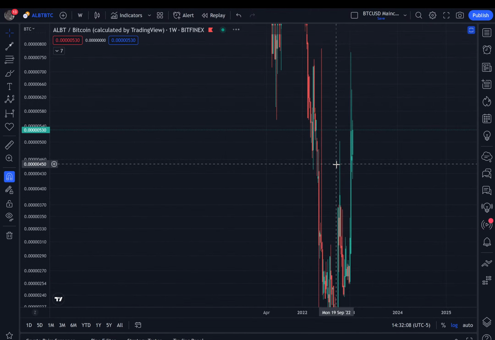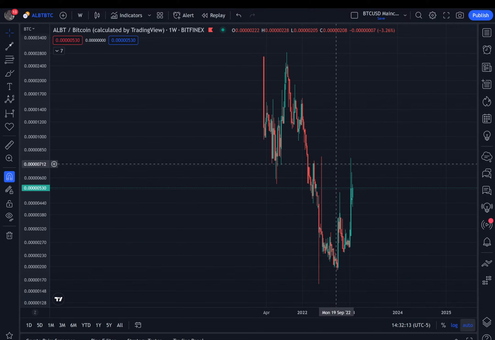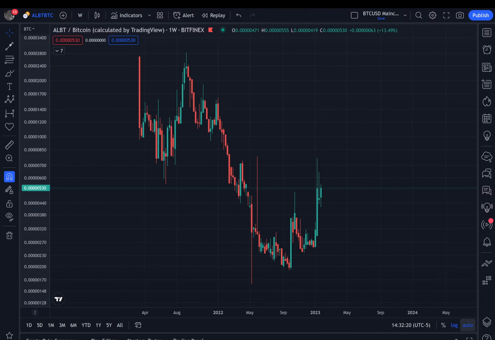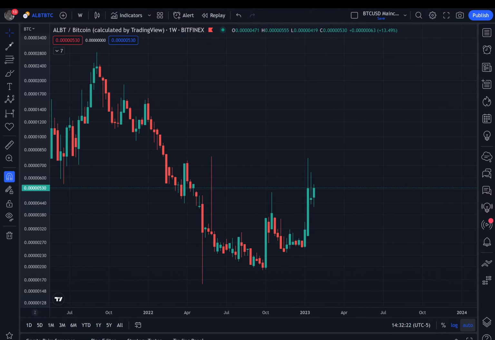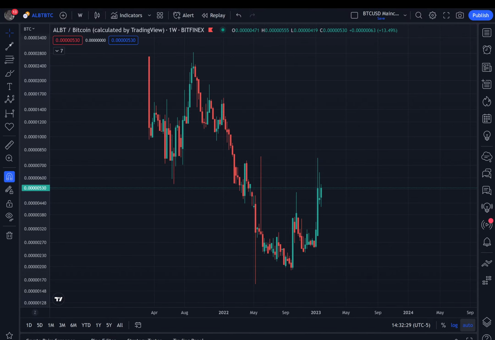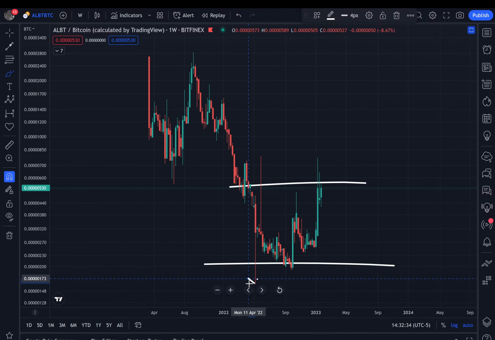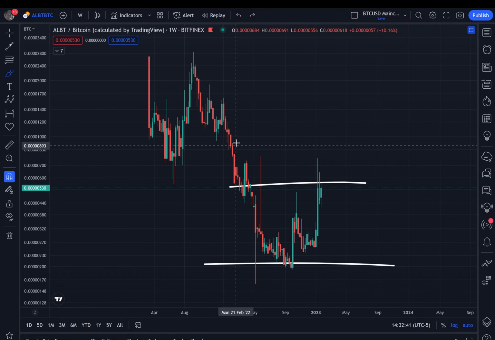Let's just have a quick glance on the high time frame. Okay, so on the high time frame, I think it's quite clear. You have this channel that's been in since May, okay? And we understand that May was the orthodox low for many altcoins.